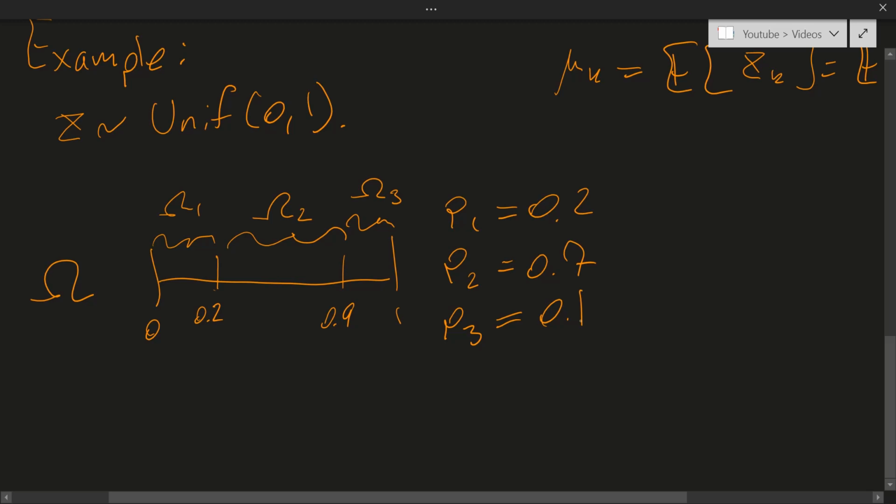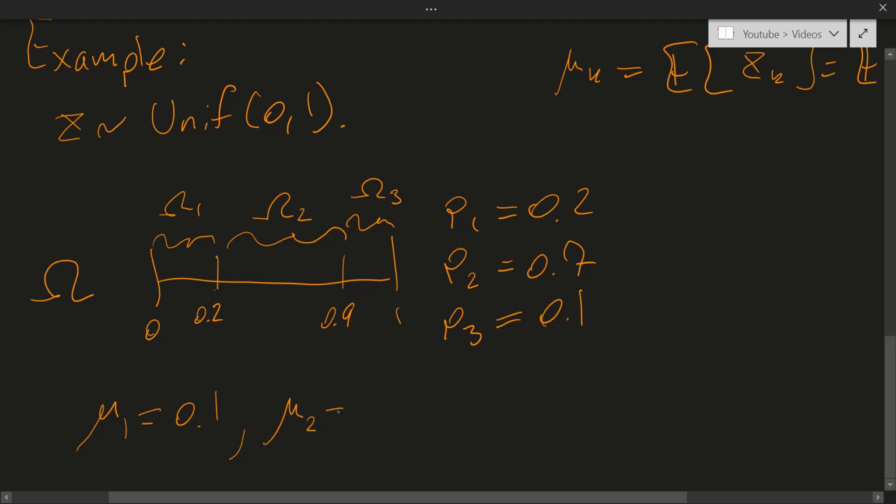And in this case, we also know the mu's, but this is not necessary. In this case, mu_1 equals 0.1. Generally a uniform has the endpoint plus the start point divided by 2.